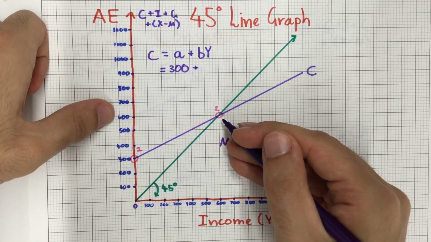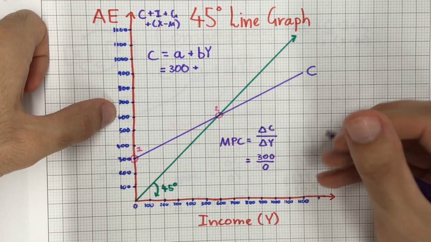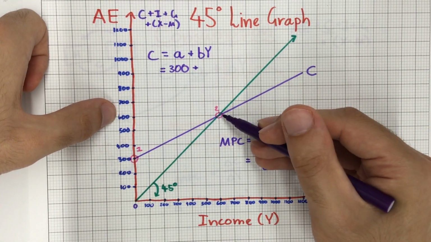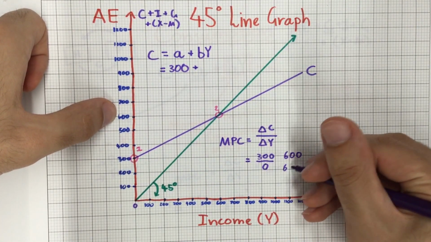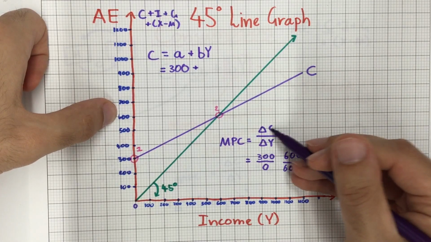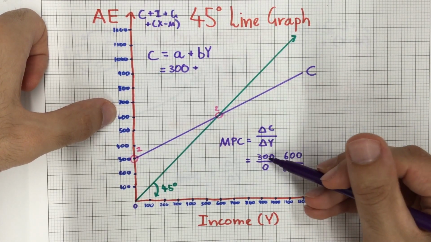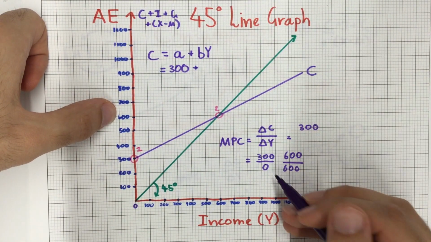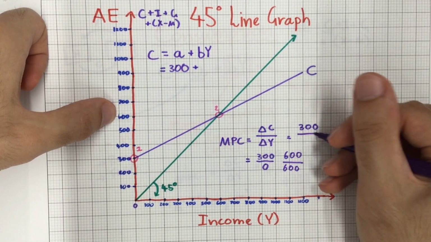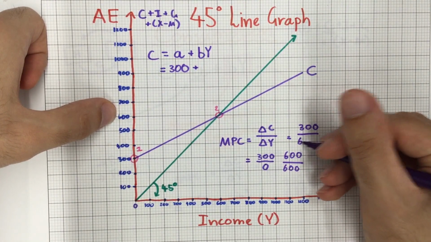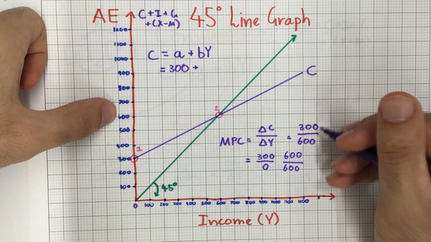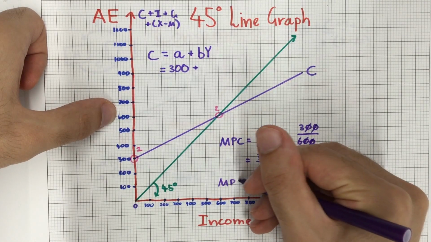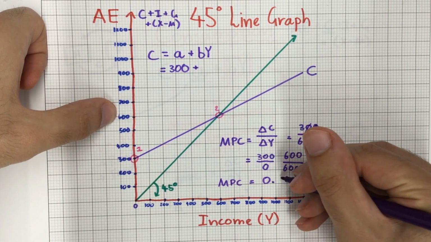At this second point here, our consumption is now 600, or our spending, I should say, is 600, and the income is also 600. So let's take the change in consumption. Well, the change between 300 and 600 is 300. And the change between 0 and 600 is 600. If we plug this into our calculator, 3 over 6 will give us a marginal propensity to consume of 0.5.